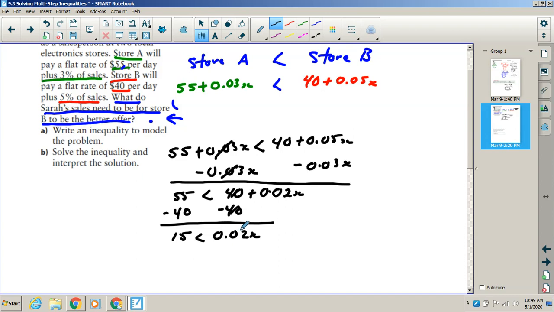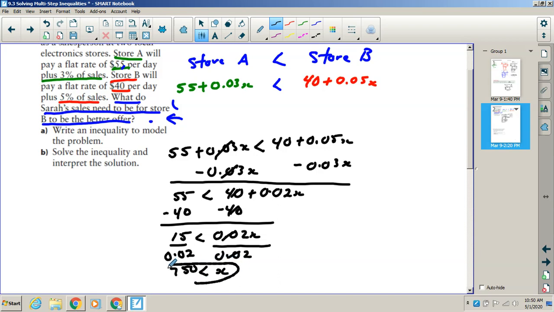My last step is I need to solve for x, so I'm dividing by 0.02. What I do to one side, I do to the other. I end up with x on the right-hand side. No sign change, I'm dividing by a decimal, not a negative. If I take 15 divided by 0.02 on my calculator, I get 750.